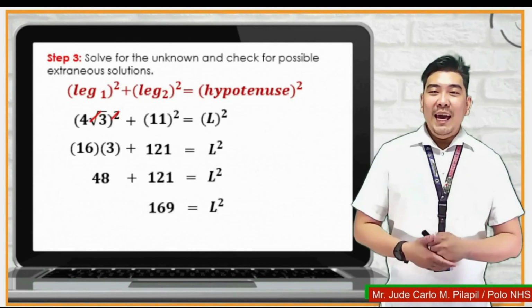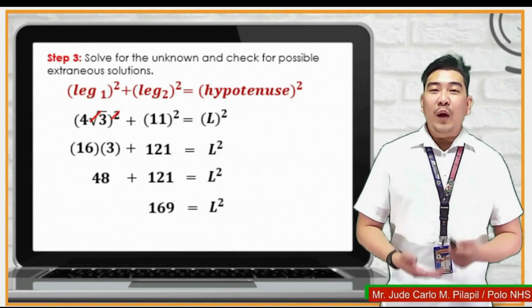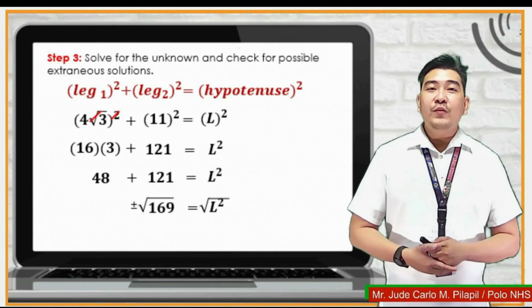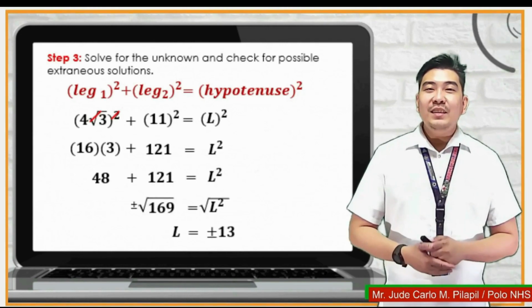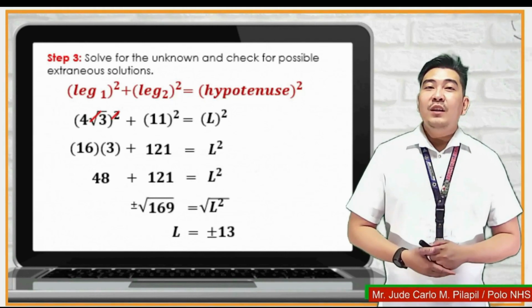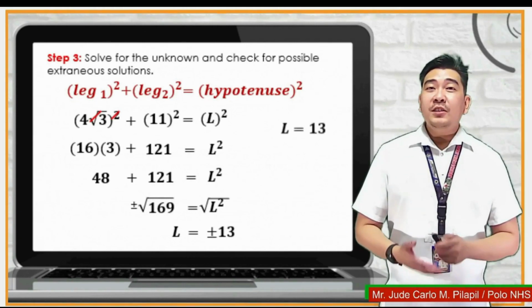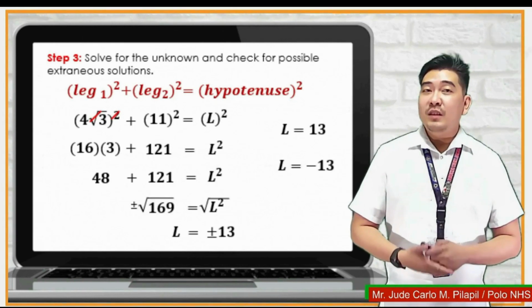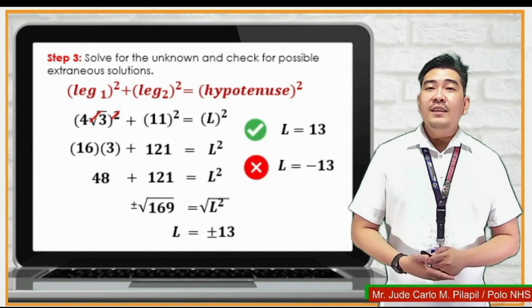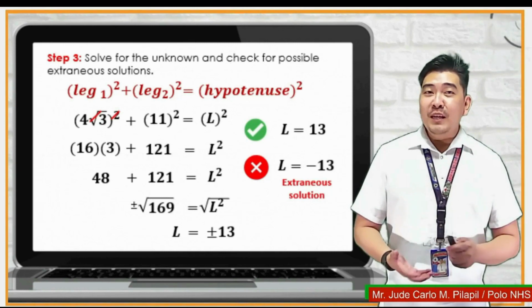To solve for L, we need to extract the square roots of both sides of the equation. So we have L is equal to positive negative 13. Only the positive value will be accepted, and that is L equals 13. And then the other one is considered as an extraneous one.